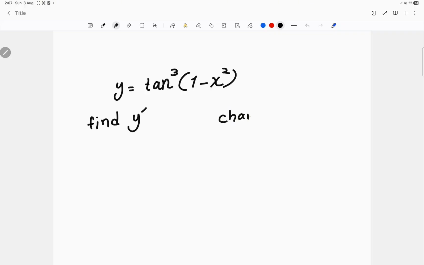Let's now find the y prime of this equation. Find the y prime. So, we're going to have to apply the chain rule because we have to differentiate over multiple stages. So I'm going to first use the power rule.